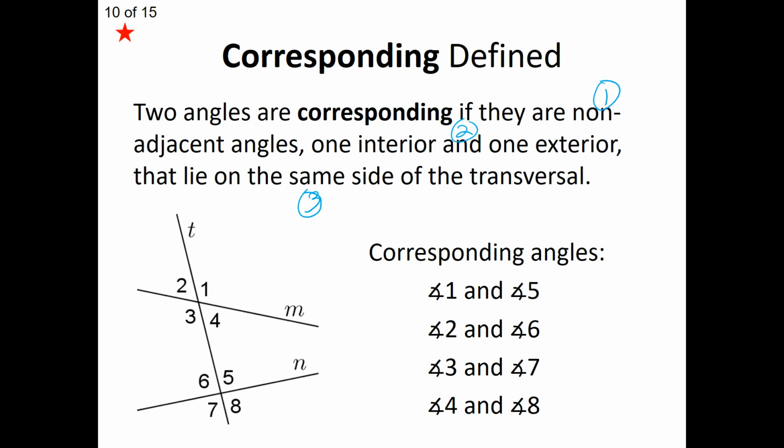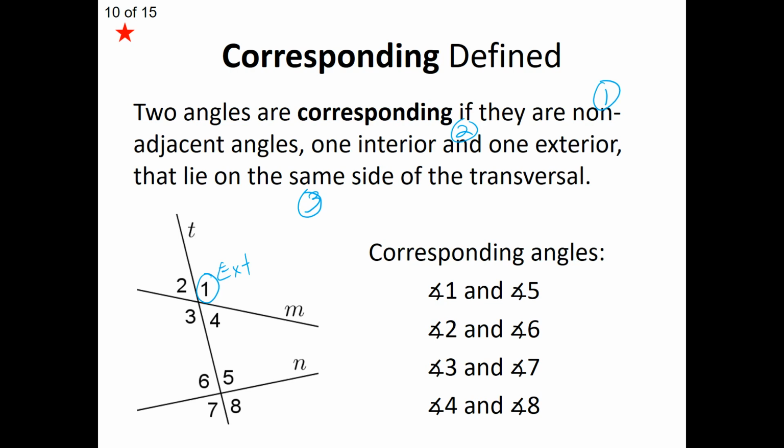So let me show you one pair of what we call corresponding angles, and you'll see how you pick up the other three pretty quickly. Let me pick angle 1 to start with. Angle 1, I need to find a non-adjacent angle to it. Okay, so that means it can't be angle 2 or angle 4. It also must mean if angle 1 is the angle I picked, that's an exterior angle. I have to pair it with an interior angle.